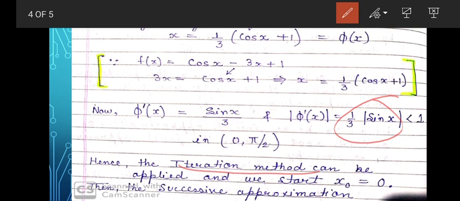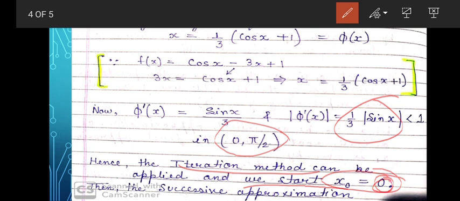One more example we will do, and this whole explanation will be done very finely. So we can apply the iteration method here. We start by taking one approximate value, known as x naught. Because my interval is 0 to pi by 2, we can take any value between 0 and pi by 2, but I have chosen 0 because it is easier to calculate.